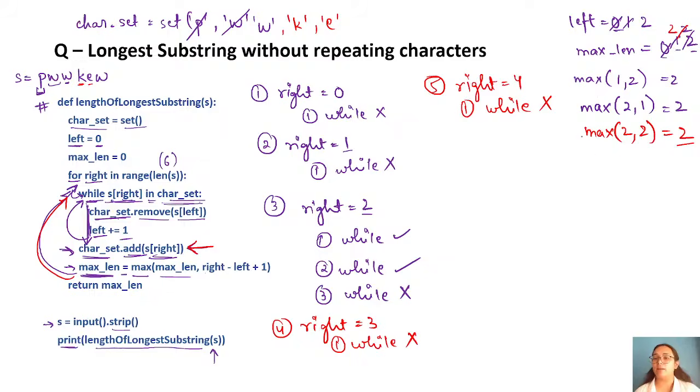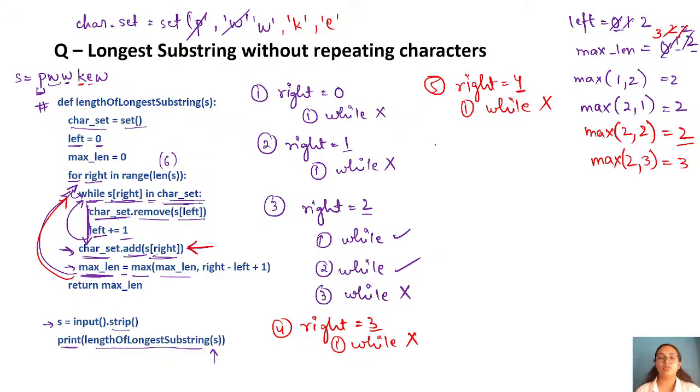And we can update our max length value. So currently it is 2, and right now if I say it's 3 minus, oh no, sorry, my bad. The right value is 4. 4 minus 2 is 2, and 2 plus 1 is 3. So it became 3. So the maximum of the two is 3. So now my max length will become 3.